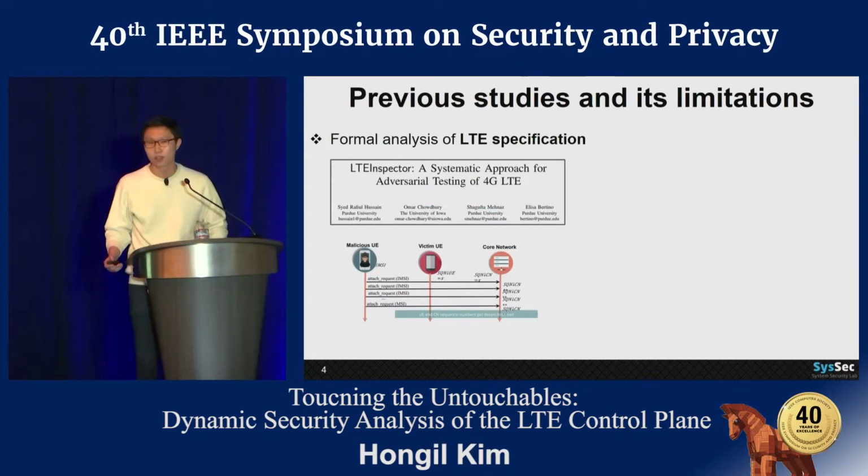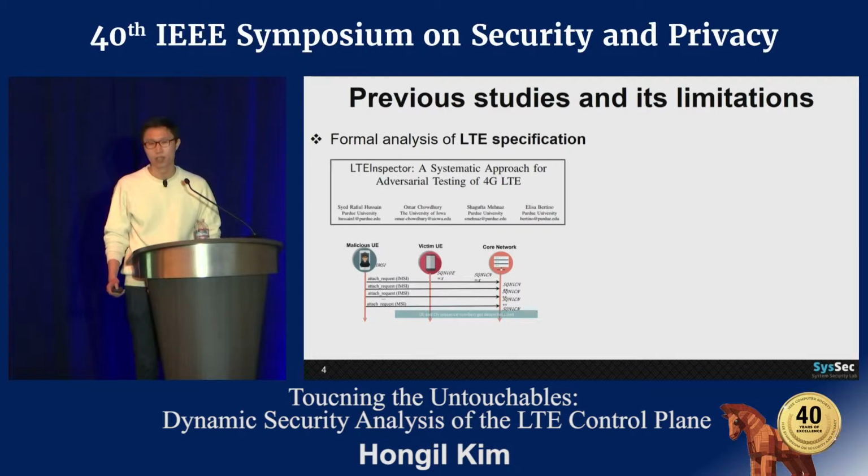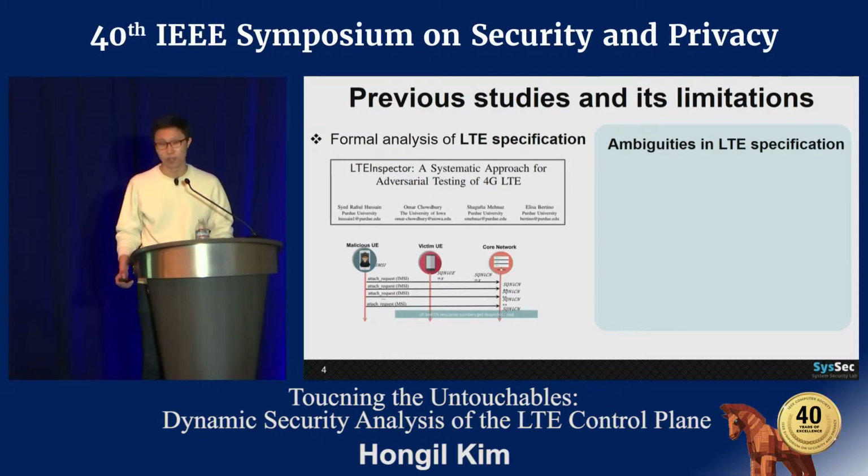Last year, LTEInspector found various security problems in the LTE specification using formal analysis of the LTE control plane. They found a lot of attacks exploiting specification problems. However, formally analyzing the LTE specification is not enough to find potential security problems in an LTE network because there are several ambiguities in the specifications.